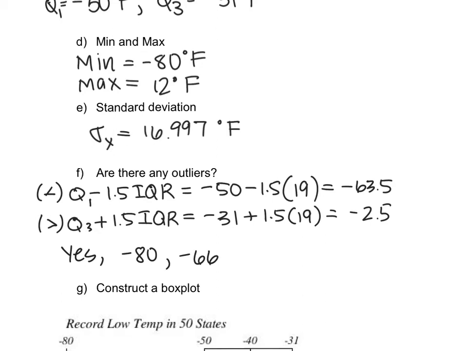Those are the only temperatures less than negative 63.5. And then we want to look at anything greater than negative 2.5, and there are 2 of those, negative 2 and 12. So we have 4 outliers here.